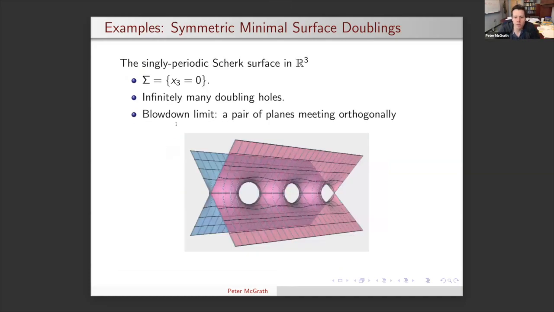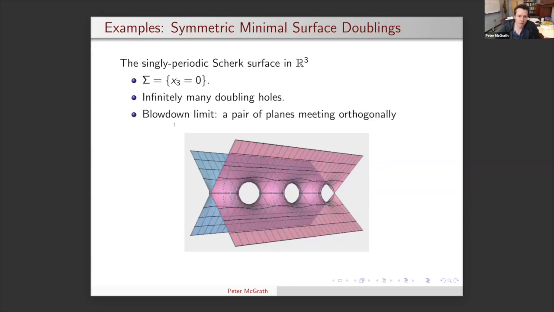There's another completely classical example that's a little bit more geometrically interesting, maybe. This is the singly periodic Scherk surface. We can consider this a doubling as well, of the x3 equals 0 plane, the z equals 0 plane, again in this figure.